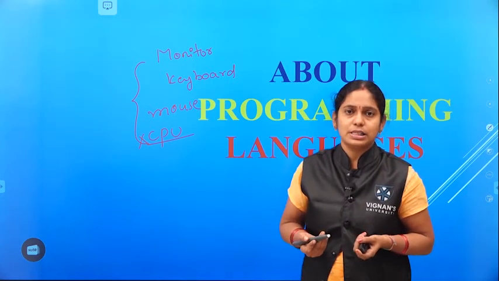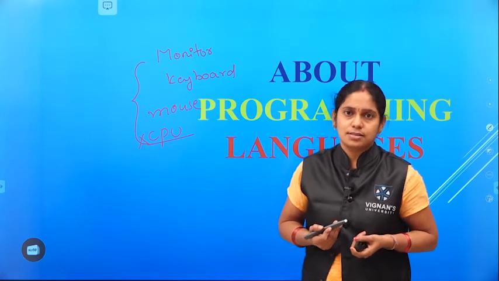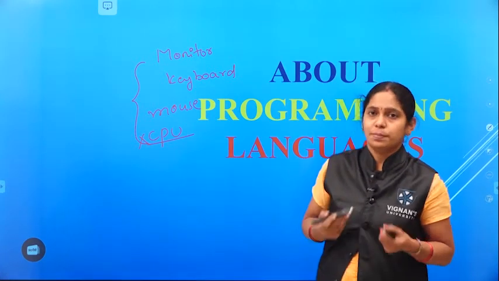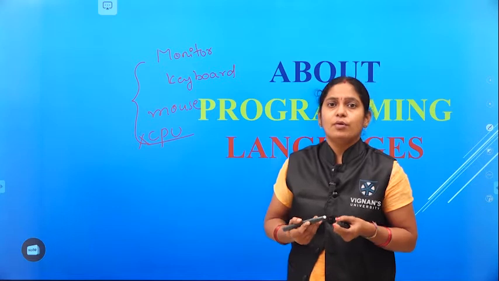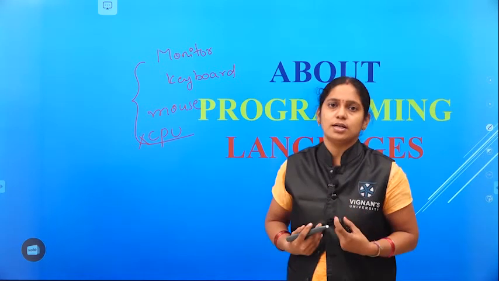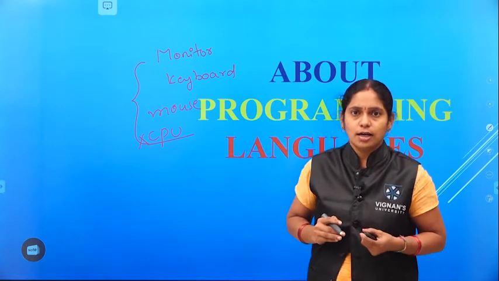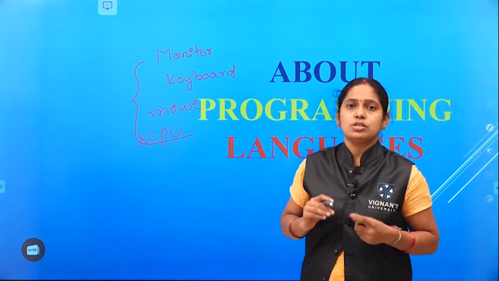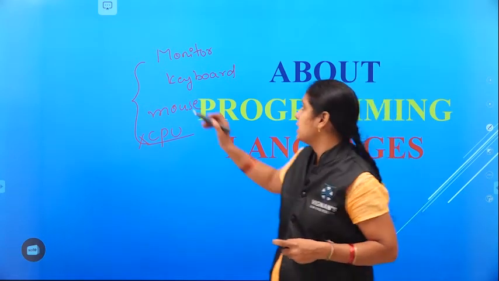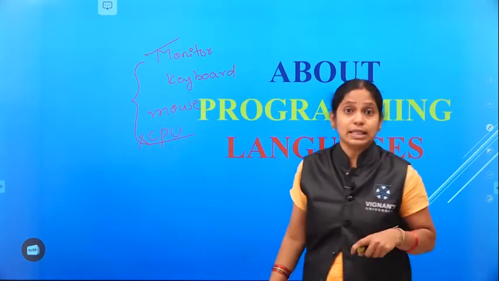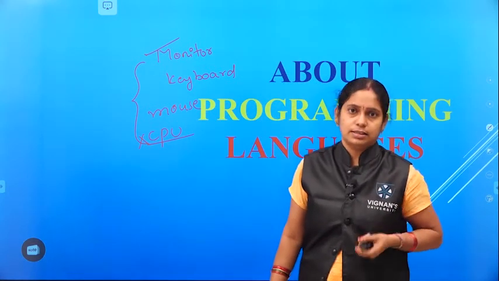These are examples of input devices. An output device shows some result to us. In the output devices, the monitor is one of the output devices. Using the monitor, we can see the result.